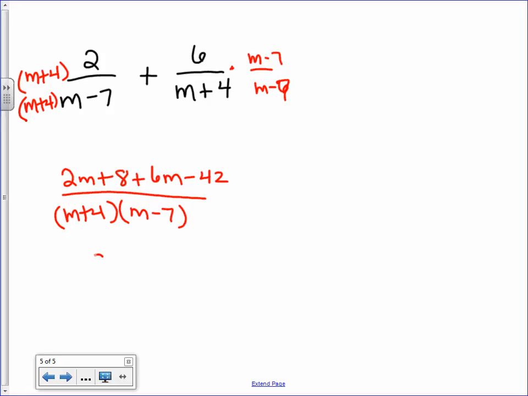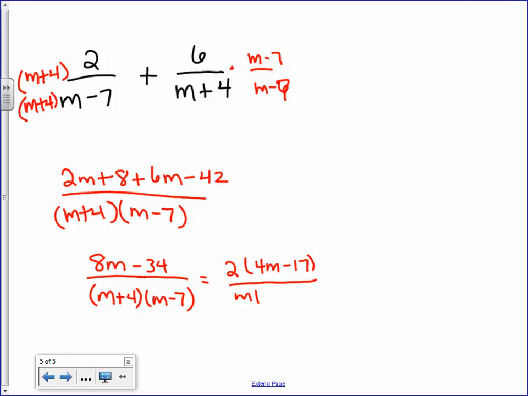So that's 8m. It doesn't just reduce, but that doesn't do anything for you.